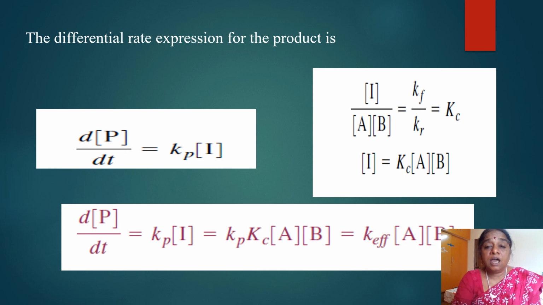Kc is given as rate of forward reaction divided by rate of backward reaction. When we apply that here, the concentration of I is given as [I] equals Kc times [A] times [B]. This concept we are going to apply in the net reaction rate, where dP/dt is given in terms of the concentration of I, the reactive intermediate formed during the course of the reaction.